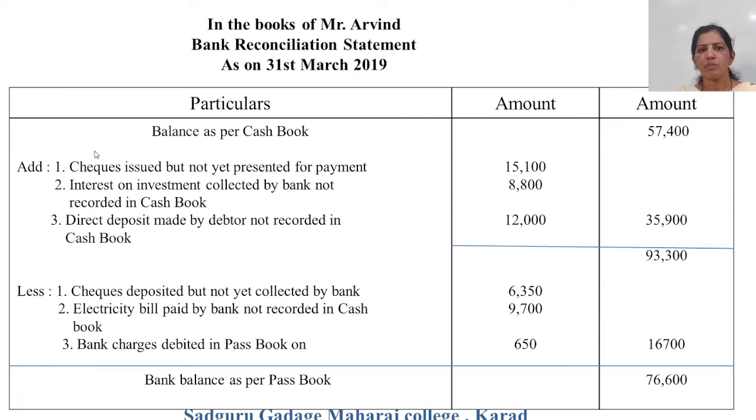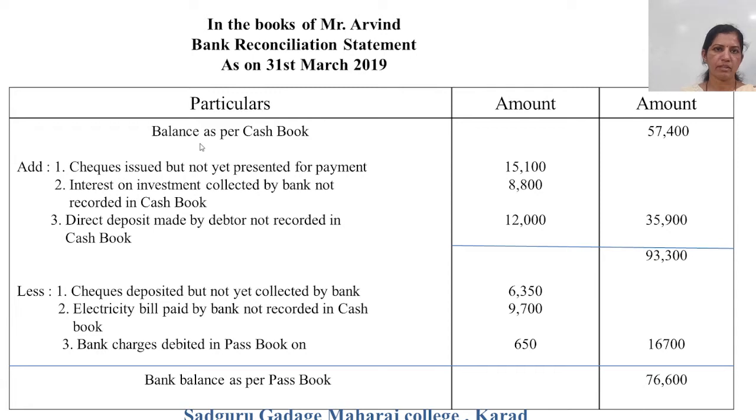If balance as per passbook is given, then our answer is balance as per cash book. Now balance as per cash book is given in the question, so first note down balance as per cash book in the outer column: 57,400.